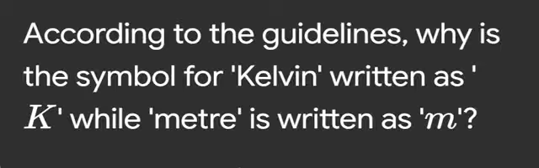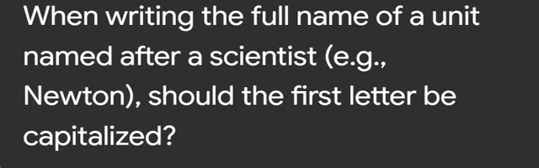Define the derived unit electrical resistance. According to the guidelines, why is the symbol for Kelvin written as K while meter is written as small letter m? When writing the full name of a unit named after a scientist, should the first letter be capitalized? Now this is a very tricky question, always comes in MCQs as well.